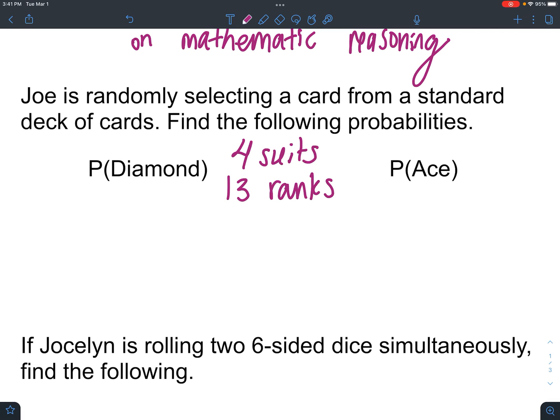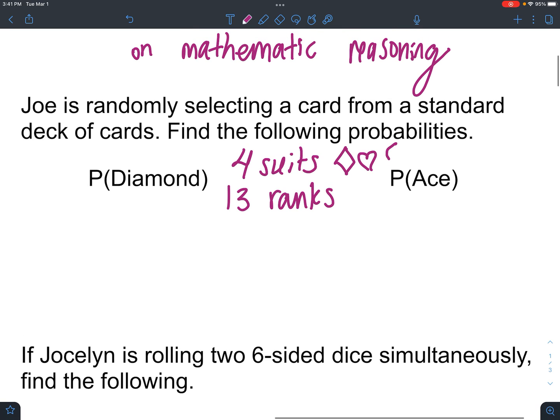So like an ace is 1, you got a 2, 3, up to 10, you got a jack, queen, king. There are 13 cards in that range. And there are 4 different suits. The suits are diamond, heart, both of those are red, and we have a spade, which looks something like that, and then we have a club, which looks something like that.